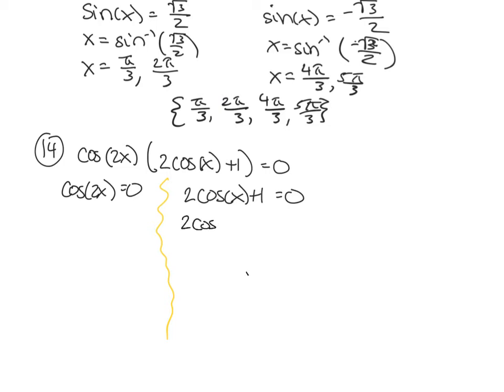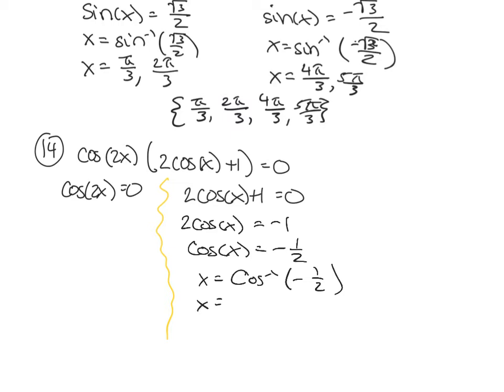We're going to subtract 1 on both sides, divide both sides by 2, use cosine inverse, and you should get the answers of 4 pi over 3 and 5 pi over 3. So that is for that side.